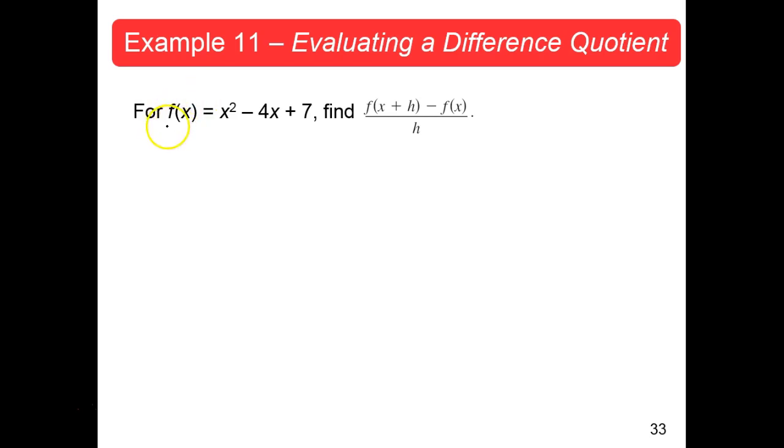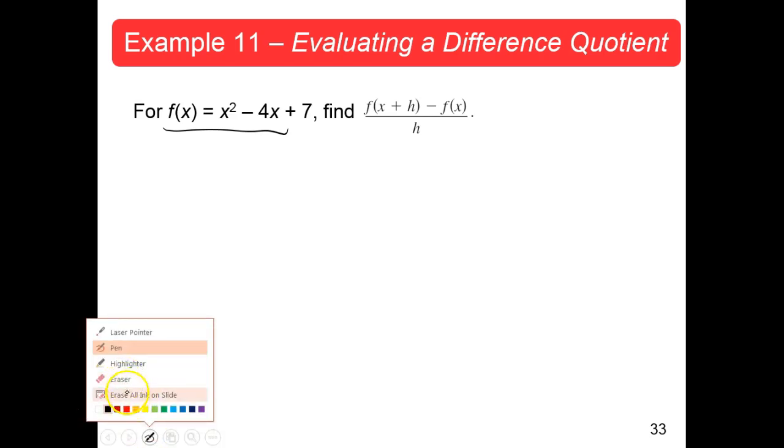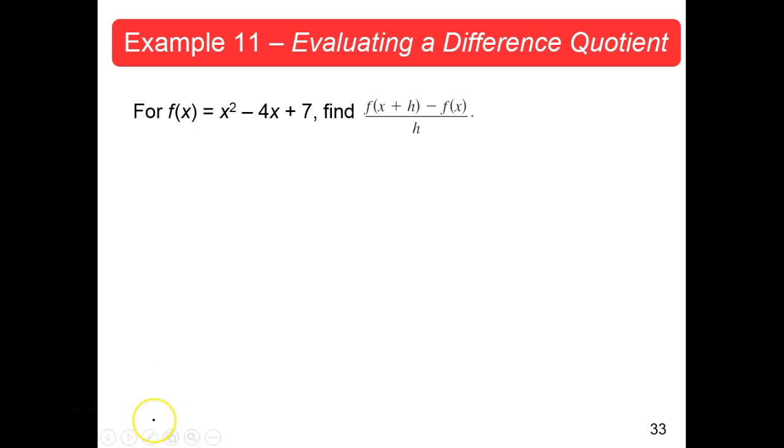If this is our f, we need to find the difference quotient: f of x plus h minus f of x, but then divided by h. So what's one of the first things we're going to have to do? Plug in what? What do we plug in? Yeah, we plug the x plus h in instead of x.